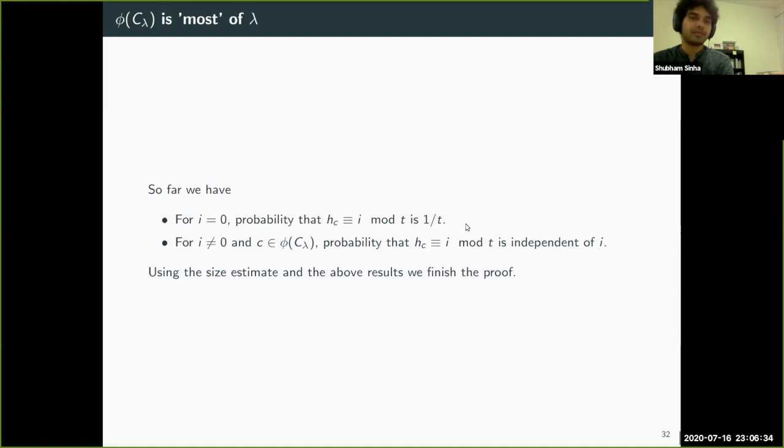Like in the first part, we had already shown that for cells with hook length divisible by t the probability is asymptotic to 1 over t, and in the second part of the talk, we showed that for cells in this image, the probability of the hook length being I mod t is independent of I. So using these two things, we prove our main result.